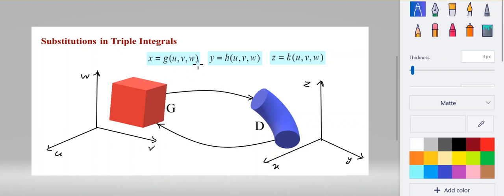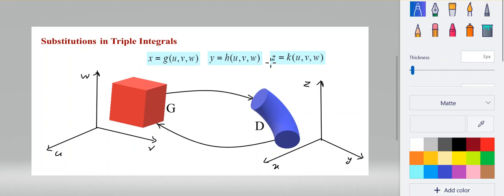What is that map? That map is given by these equations. When we use this substitution, the region G in the three-dimensional space represented by u, v, w is mapped to this region D in the three-dimensional space represented by x, y, z. So we have a map from here to here, and conversely from here to here, because it's one-to-one, which maps G to D by these equations.